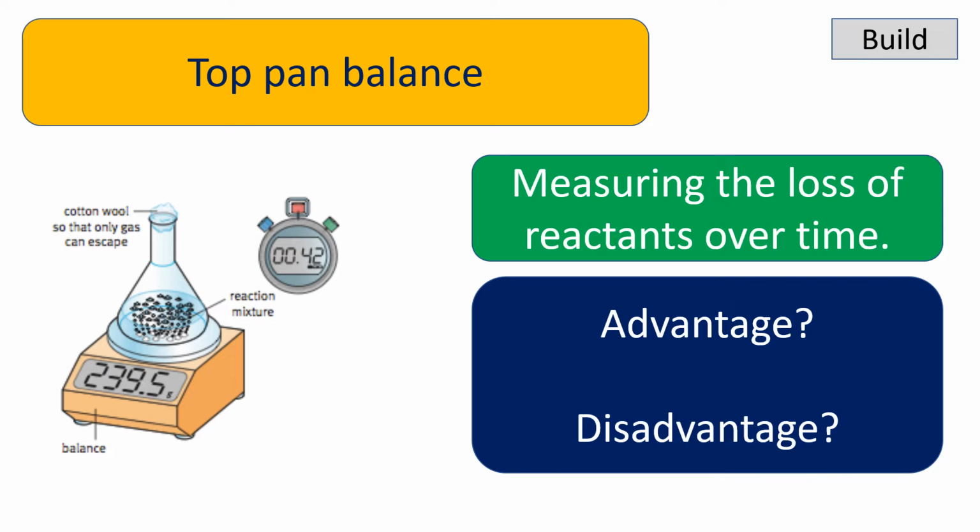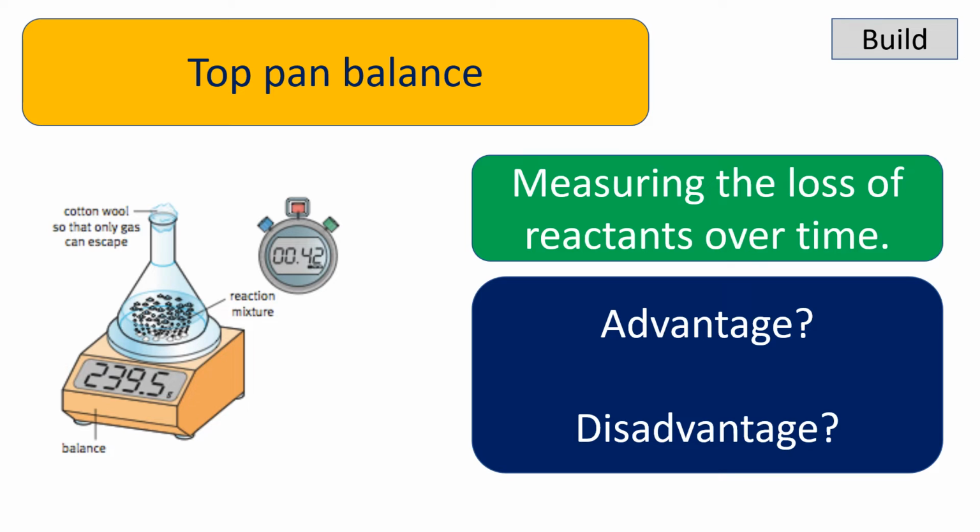Your disadvantage is that you need a really precise top pan balance, because gases don't weigh much or have much mass. Unless you've got a really accurate top pan balance, you're not going to see it going down by much at all, if anything. If you've got a top pan balance that only measures per gram, it's going to take quite a long time to lose a gram of carbon dioxide or something.